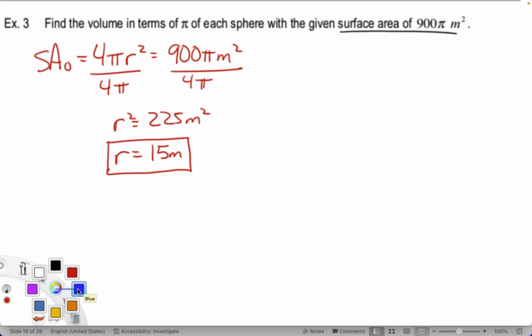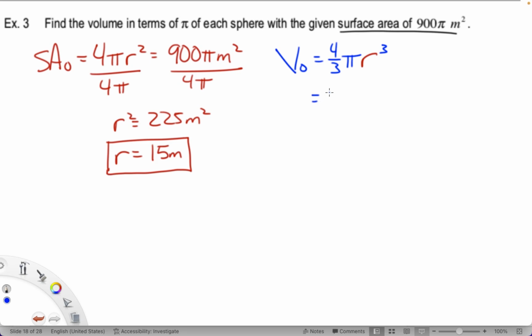Now that we have that, it's relatively easy to figure out the volume, because the volume of a sphere equals 4/3 pi r cubed, which in this case is going to be 4/3 pi times 15 meters cubed.